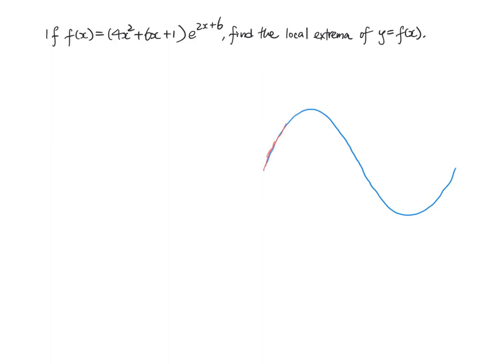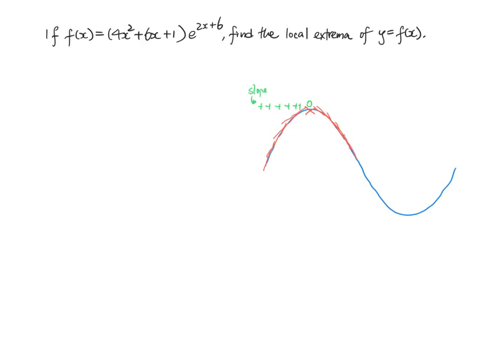The slopes are positive here, right? Positive. And at this point, the slope equals 0 here, and then the function starts to decrease.